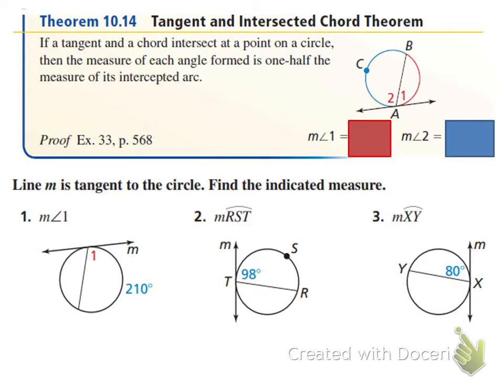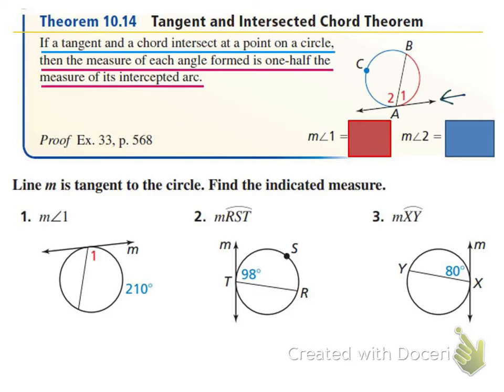So here's what you're going to highlight. In blue, what I highlight, you need to write. If a tangent and a chord intersect at a point on the circle, so this is the situation we have. We have a tangent. What does a tangent line do?